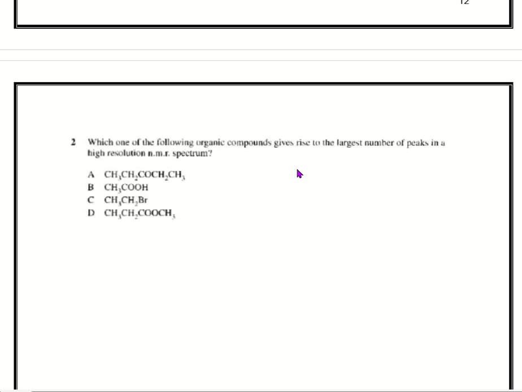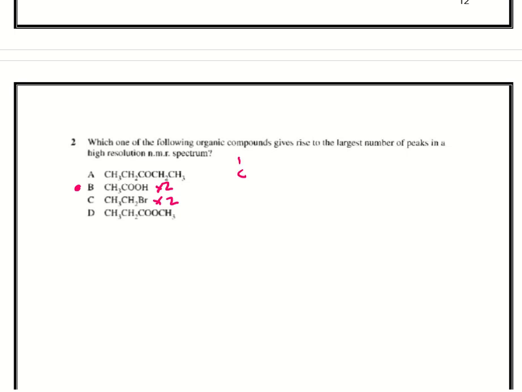Okay, which one of the following organic compounds gives rise to the largest number of peaks in the NMR? Well, let's have a quick look here. Okay, I can immediately see that this one here will give me 2. This one here will give me 2. So I'm probably thinking that that's not going to be the answer. This is a ketone here.